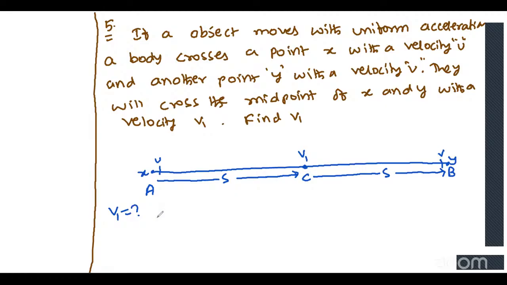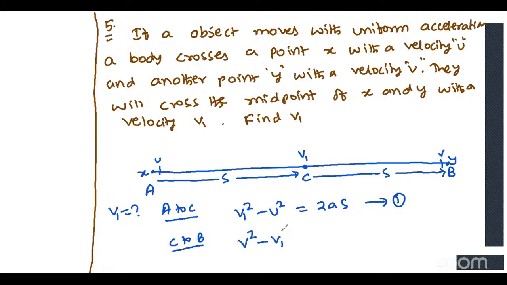Firstly, I am considering A to C. That means V1 square minus U square equal to 2as. Similarly, from C to B, V square minus V1 square equal to 2as.